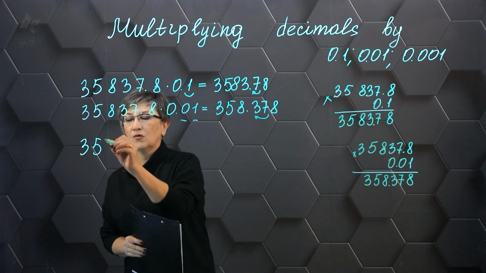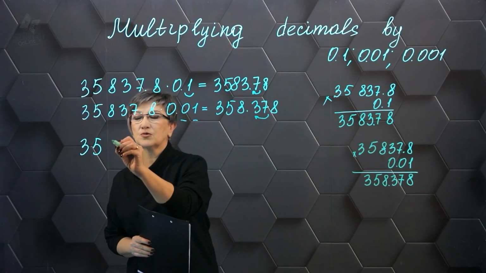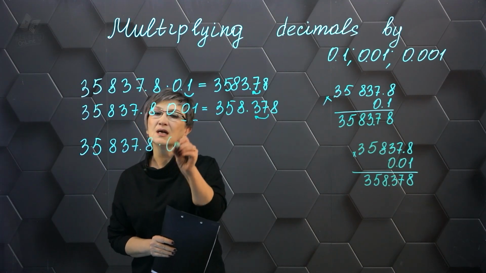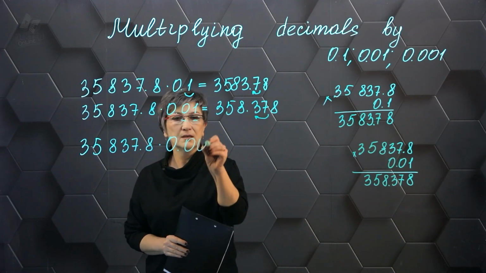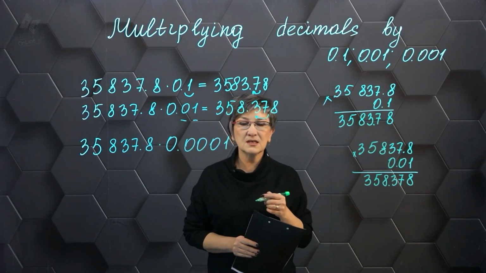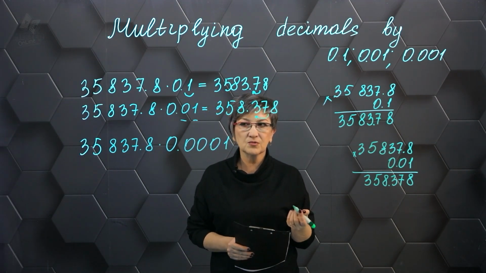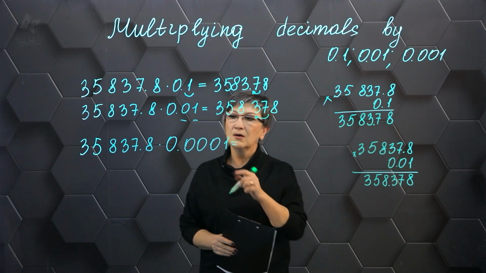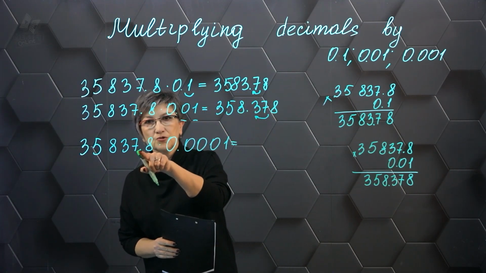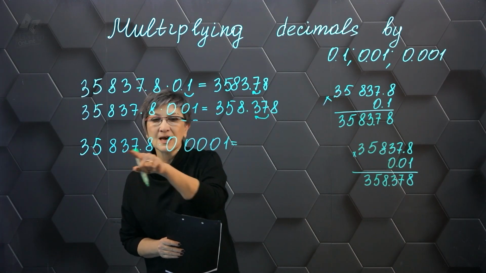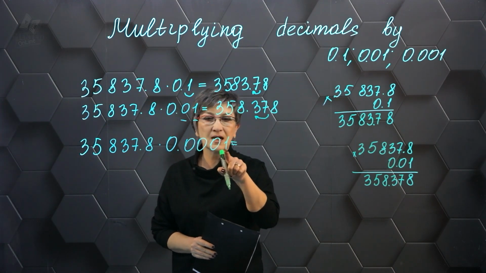And multiply the same number again, 35,837.8 tenths. I'm going to multiply by 0 whole 1 ten thousandth. What is the result in this case? Using this rule, the decimal point in my answer has to move by as many digits as the number of digits after our decimal point.